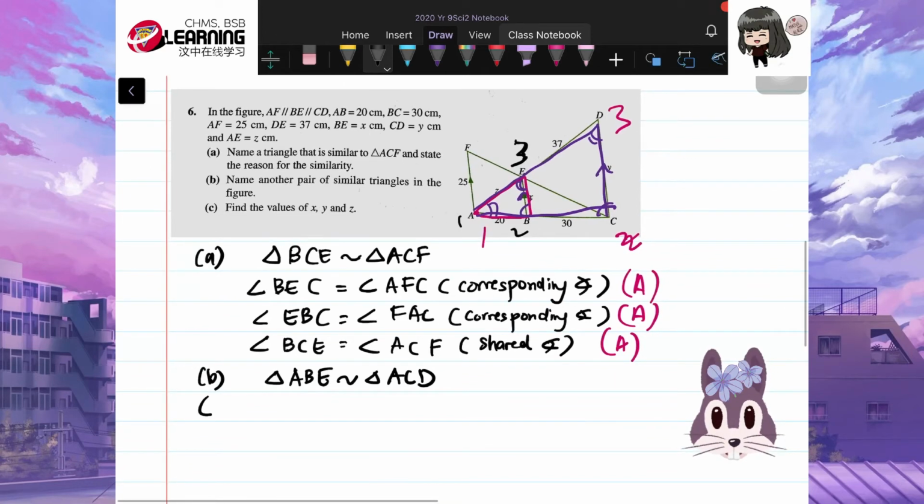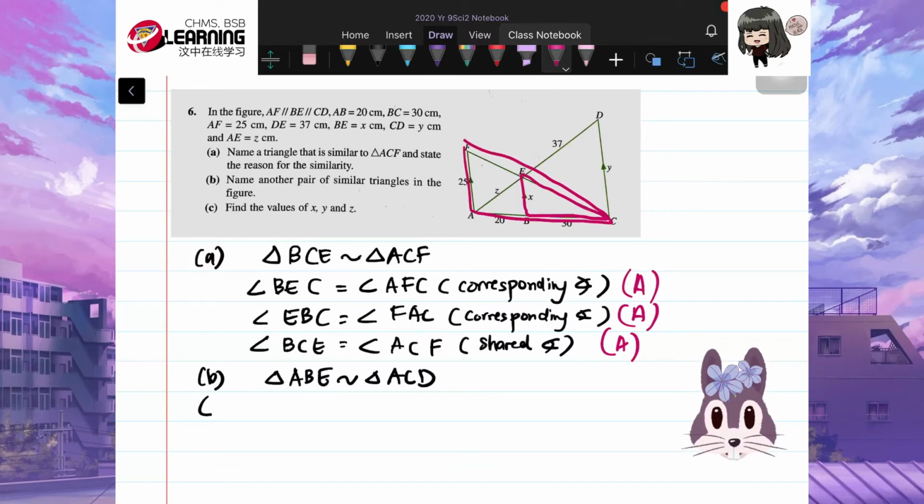Part C. Find the values of x, y, and z. Okay, since we have to look for x, y, z, I'll erase this again. To find x, we use the previous similar triangles, this one with this. So this 30 you can compare with 50.